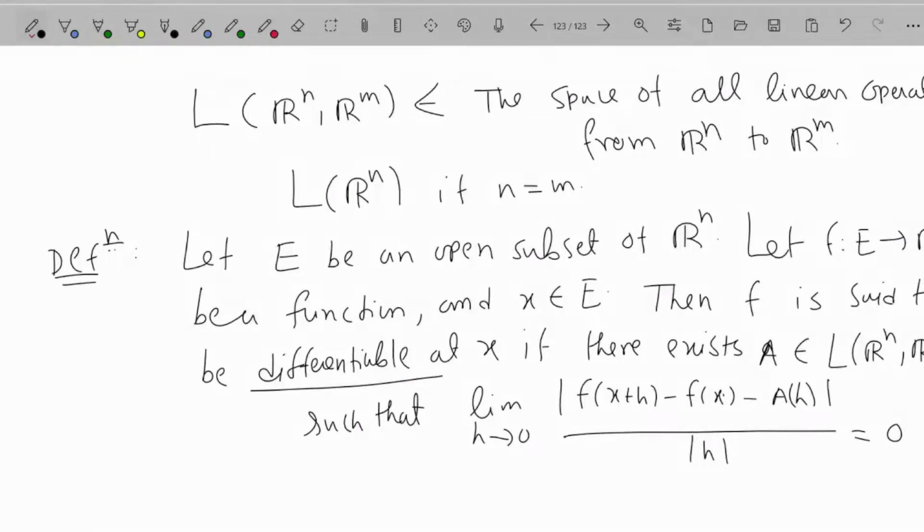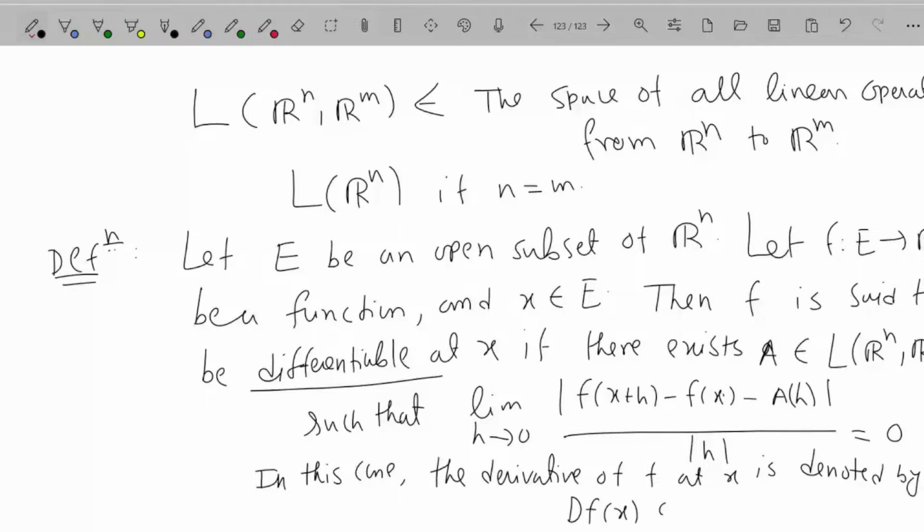In this case, the derivative of f at x is denoted by df x, or you can write f dash x.